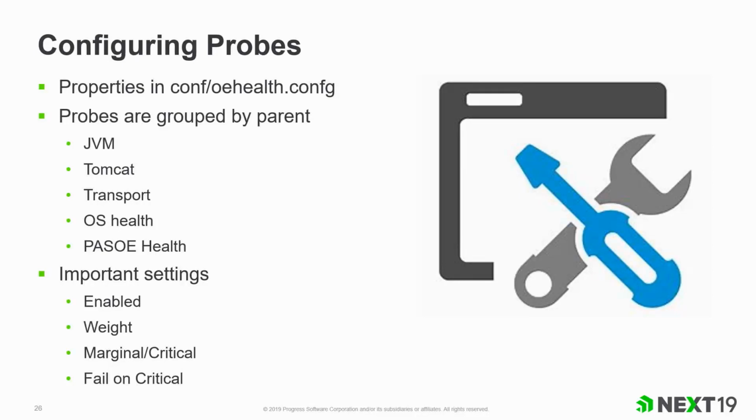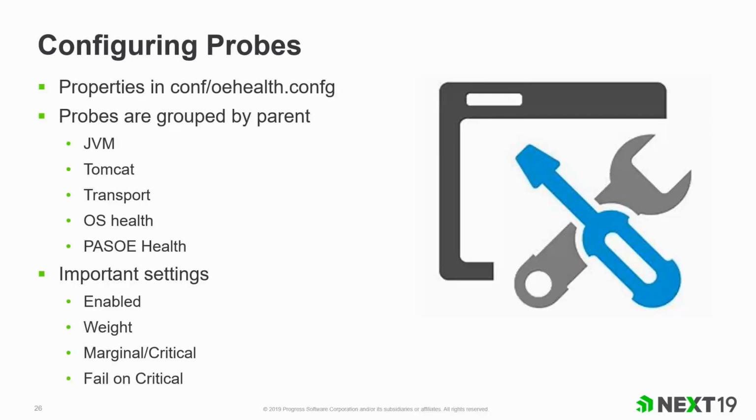Each probe has its own additional configuration information based on what it needs to do. It was a wild west there with my developers creating these probes. So the information they return and the way they configure it is less than standard, as I found out from the WhiteStar guys. So important settings: enabled, whether the probe is enabled or not.